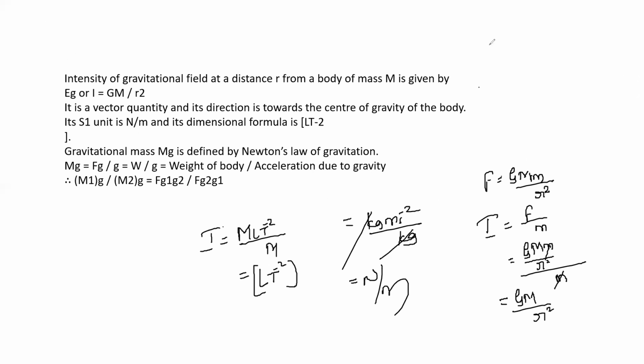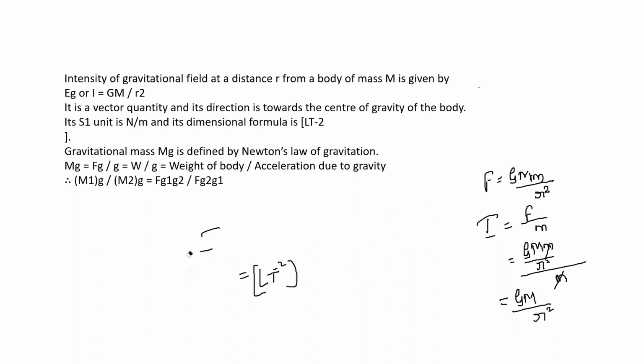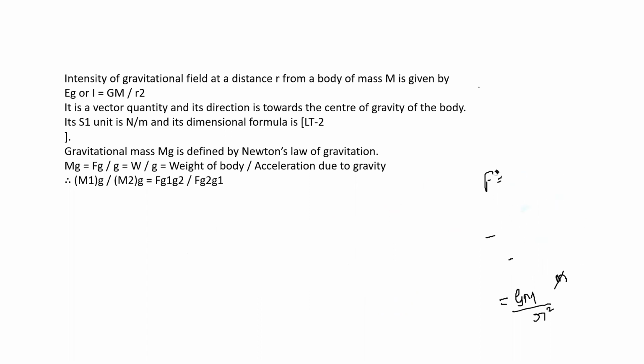The gravitational mass m g is defined by Newton's law of gravitation. That is m g is equal to F g by g. So F g is what? It is W by g, that is the weight of the body divided by acceleration due to gravity. So here we have one more equation, that is the relation between mass and force.